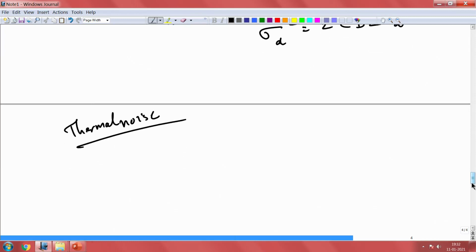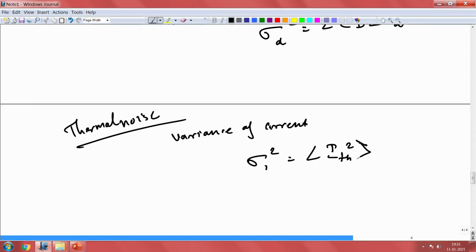It is a random fluctuation of the electrons in the conduction band of your resistor, right, and that variance of current is given by an expression depending on the average current.